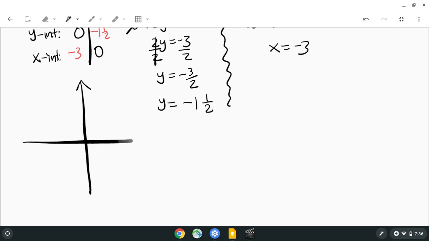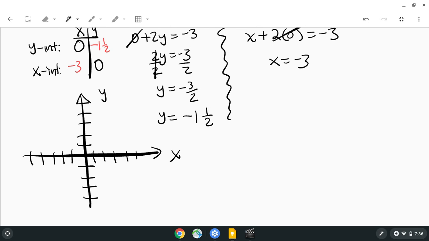X, Y, 1, 2, 3, 4, 5. 1, 2, 3, 4. 1, 2, 3, 4, 5. Okay, so we have 0, -1.5. So 0 on the X, -1.5. So you're like right there.